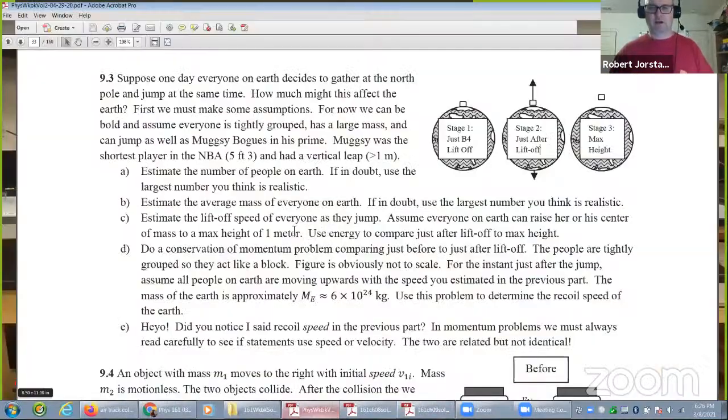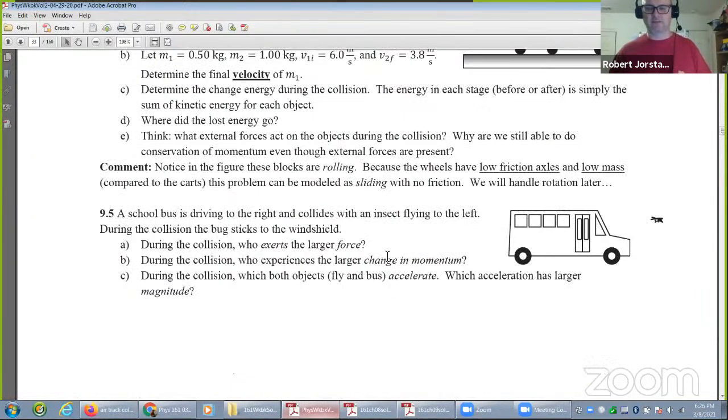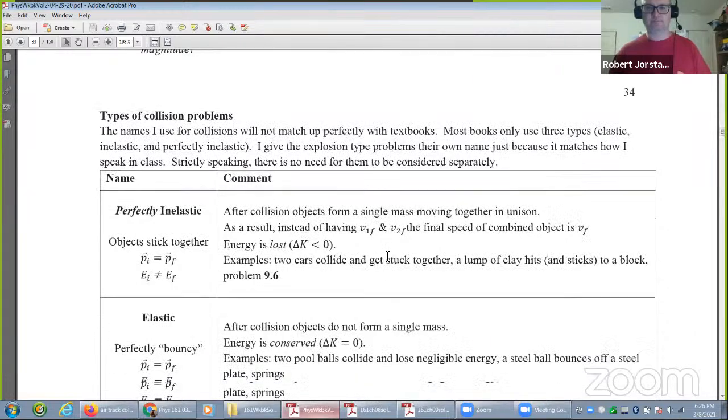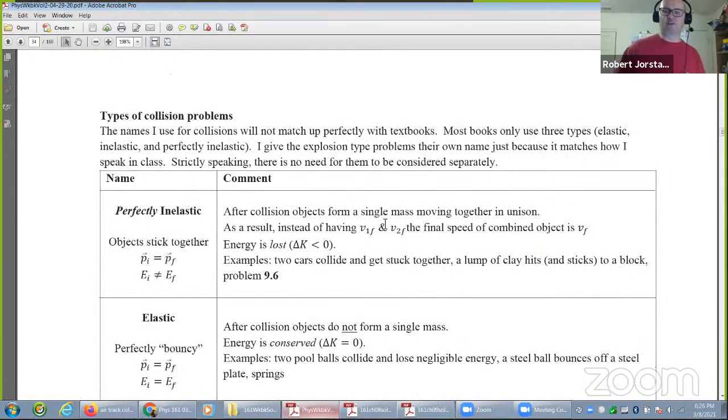All right. So we've been looking at all these collisions and all this stuff. If we want to understand this stuff, let me just go to this page really quick. Okay, so this is page 34. Sorry about that. This is just some different words we kind of have to use. So if you're reading a textbook, you can understand it.